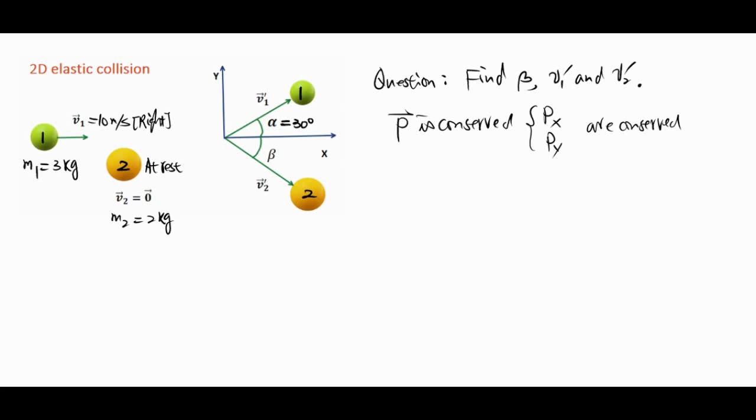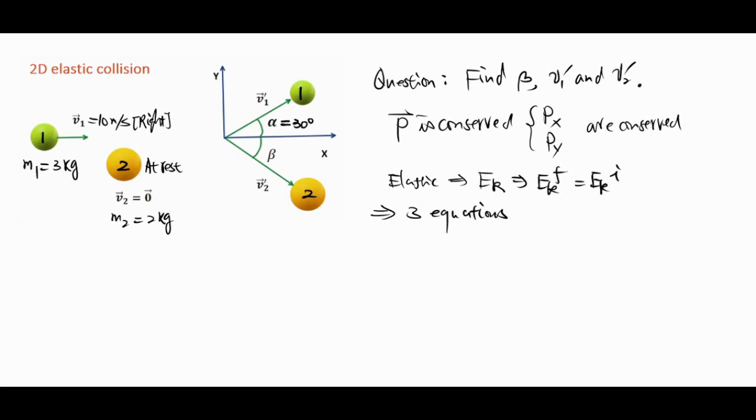And also because it is elastic, by definition, elastic means kinetic energy before and after collision does not change. So EK final equals EK initial. So then we can write down another equation. So in total, we can write down three equations. So that's why we can solve for three unknowns.